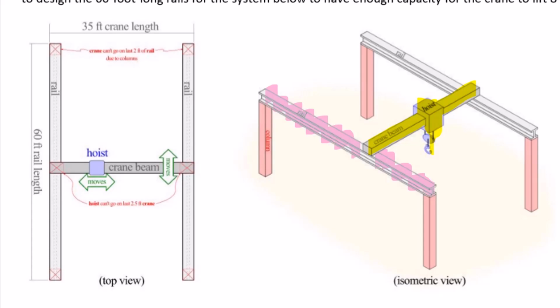The idea here is that this is called a jigsaw type problem, and in a jigsaw type problem, you get one team member that becomes an expert in each of the different areas, corresponding to those hints. And so you'll end up designing this beam and coming up with what you think is the appropriate size to support this crane.